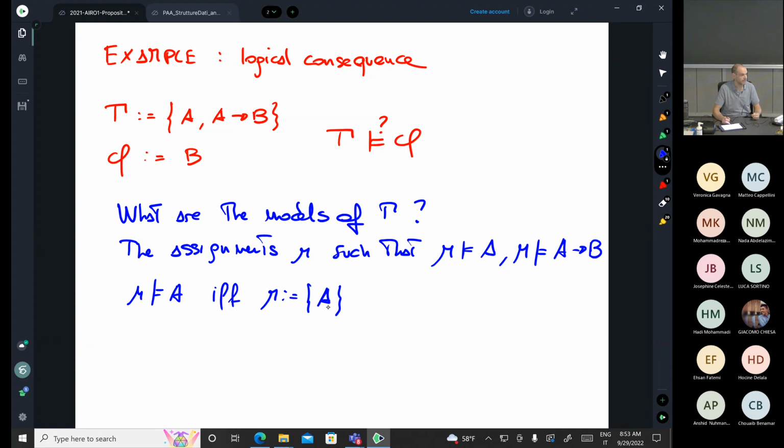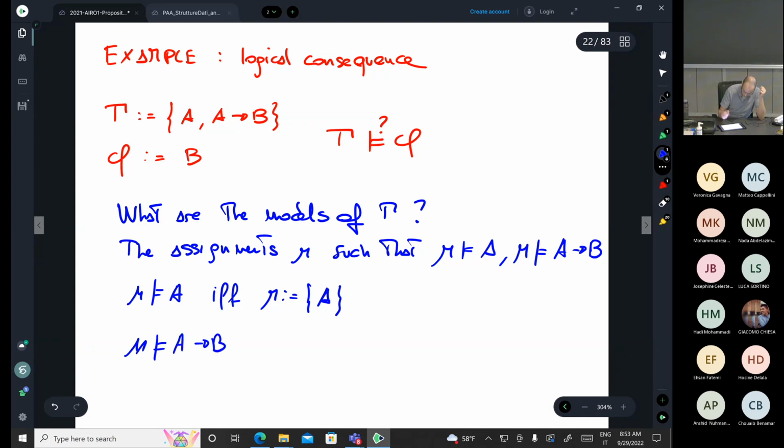So now you must take this for granted. Mu satisfies A implies B if and only if either mu assigns A to false, or mu assigns A to true and B to true.